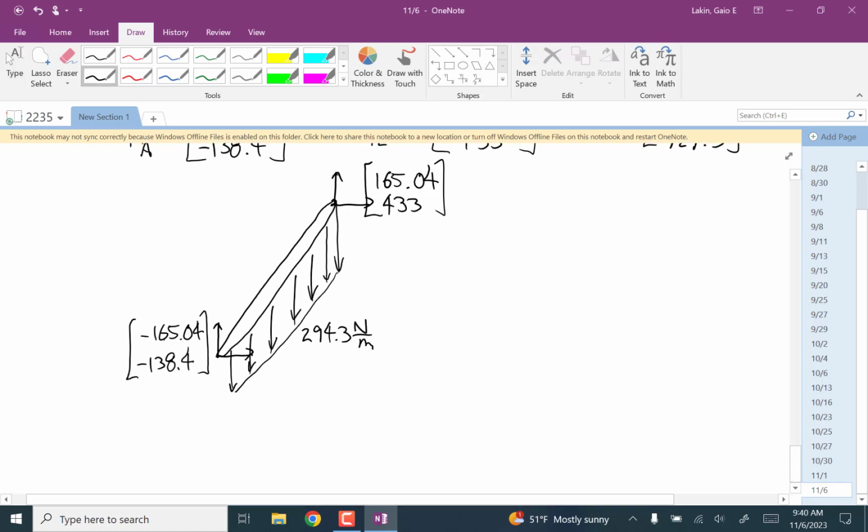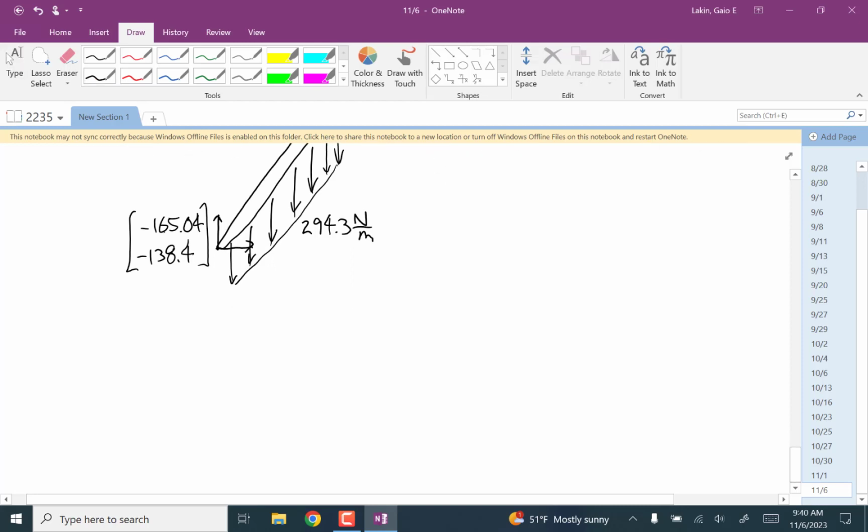So we have three total forces that we need to convert to our new coordinate system. Okay, we want to go from this coordinate system to this coordinate system, where this angle is 60 degrees.